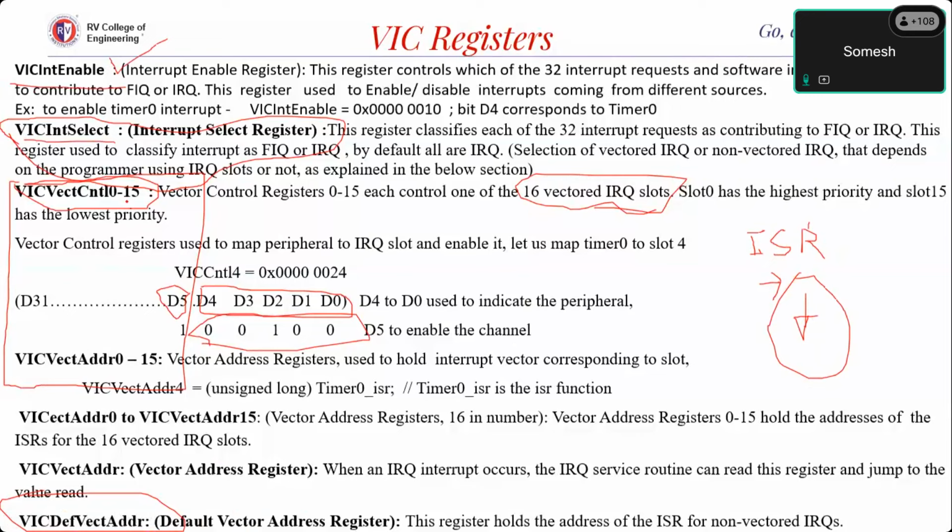The VIC vector control and VIC vector address registers are two registers present for every vectored IRQ slot. One contains the source which generates an interrupt, and one bit is used to enable or disable the channel. The vector address register holds the starting address of the ISR. The default vector address is the starting address of the one common ISR, which is meant to serve all the non-vectored IRQs.